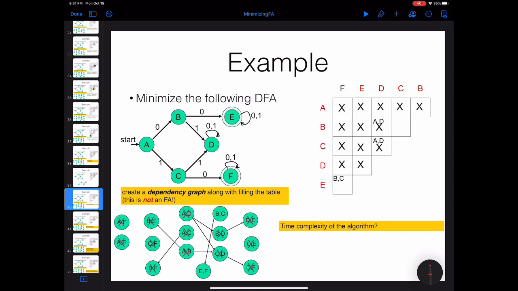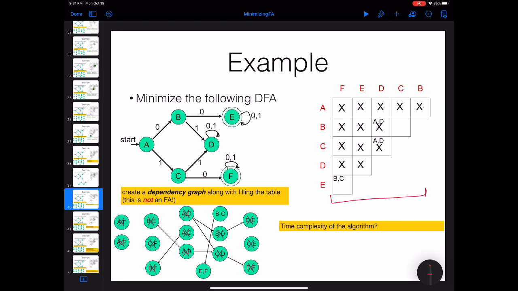If you think about what I'm doing in this algorithm, I fill this table. So the whole computation is just what I am doing to fill the table. The first thing is how many cells you have in the table.